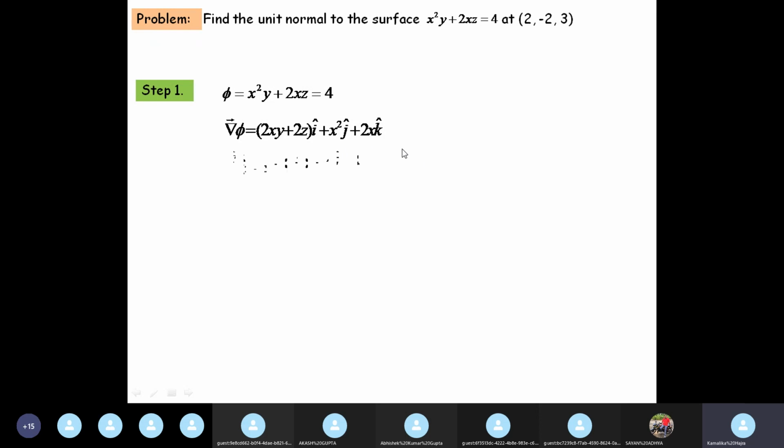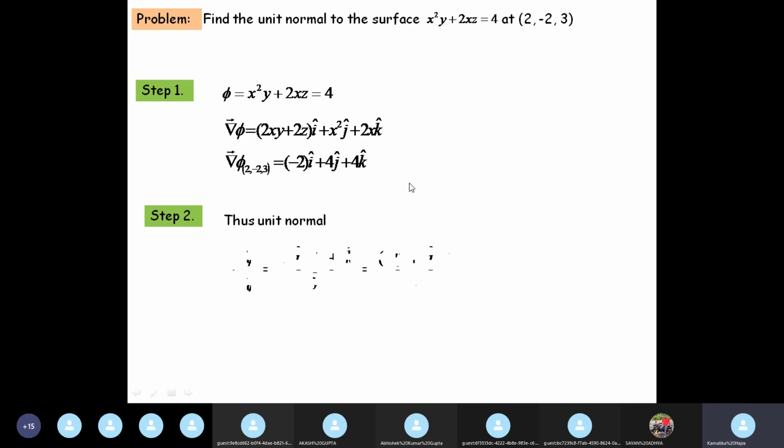At the point (2, minus 2, 3), you substitute the values of x, y and z by 2, minus 2, 3. What you get is the vector minus 2 i cap plus 4 j cap plus 4 k cap. This basically gives you the normal at the given position on the given surface. However, the problem has asked us to find the unit normal. So we'll find the unit vector along this vector grad phi.